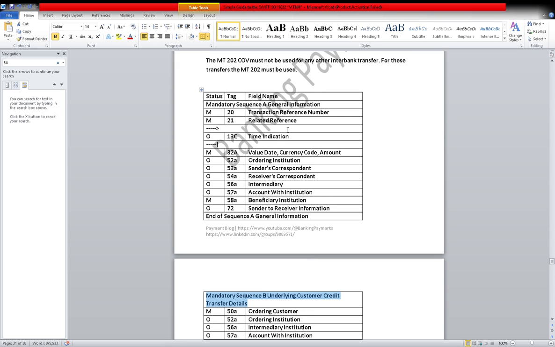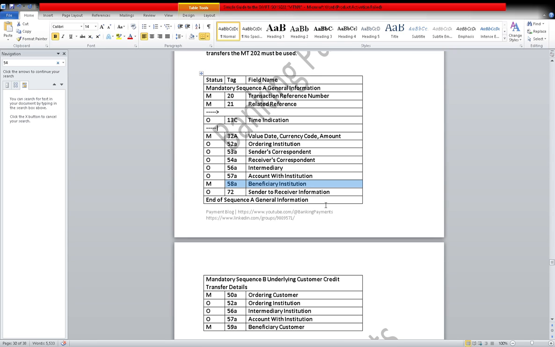For example, the transaction reference number here is a unique field, so it is not going to repeat. This reference is also the same, time is the same, date and currency are the same, the ordering institution means your ordering bank is the same, sender's correspondent optional, receiver, beneficiary optional, mandatory.